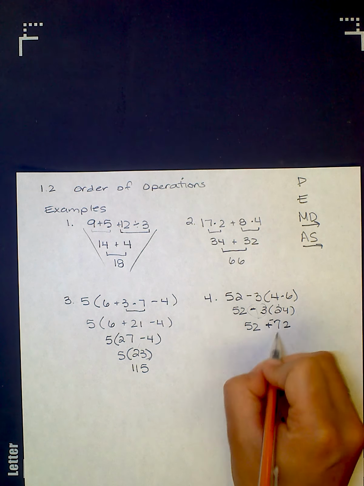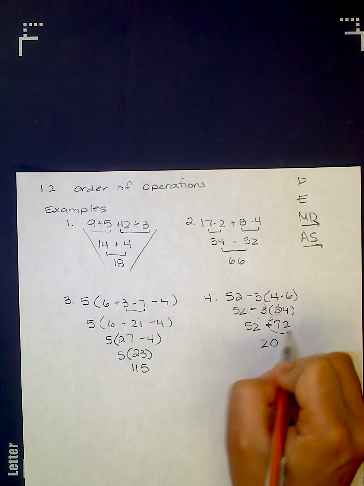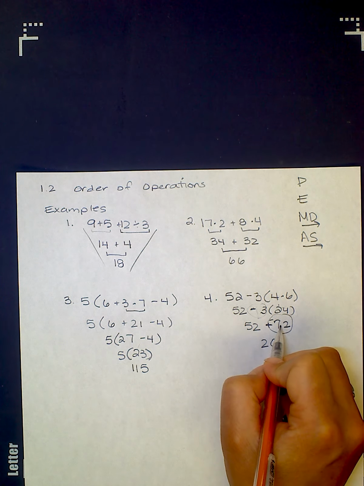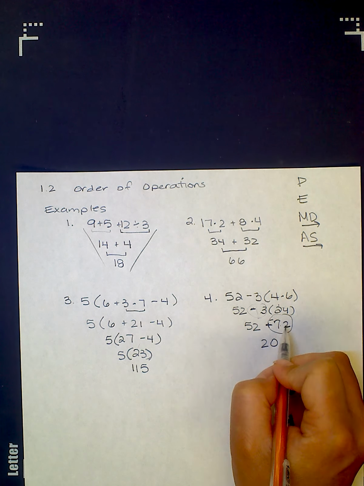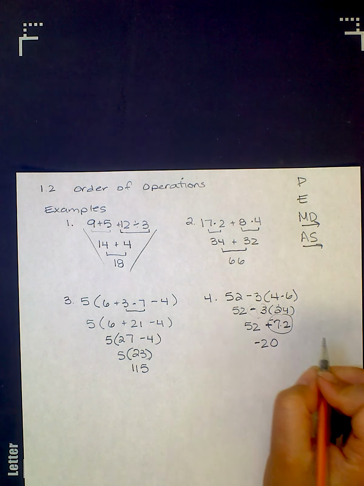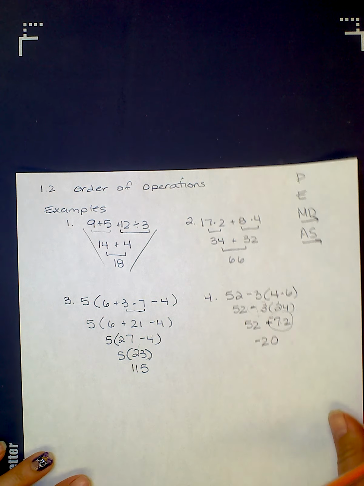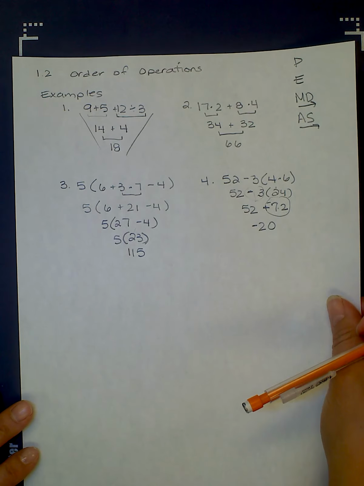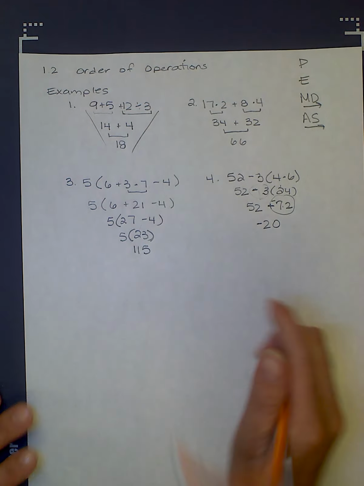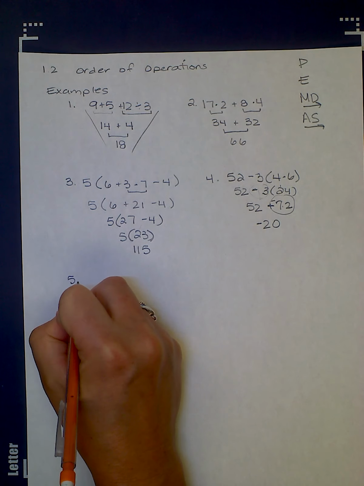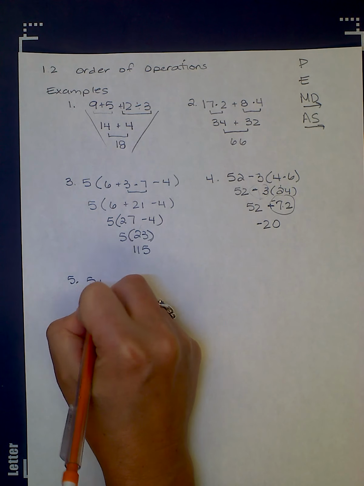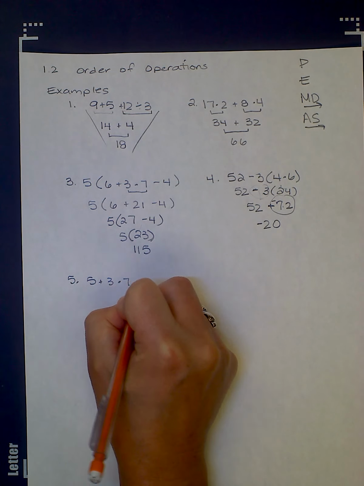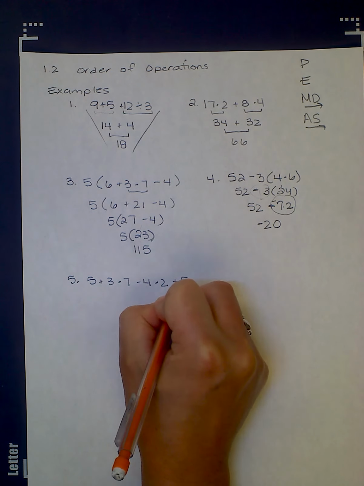So we're really subtracting those, which gives us 20. This guy is large and in charge because he has a negative sign, he's the big guy, then the final answer will be negative. Moving right along here. Number 5. 5 plus 3 times 7 minus 4 times 2 plus 5 times 7.